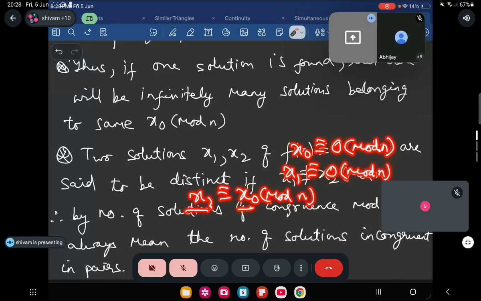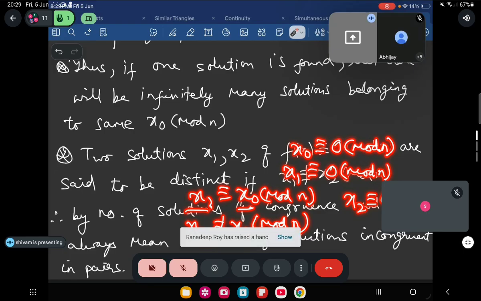But if we find x2 congruent to 0 mod n such that x2 is not congruent to x1 mod n, and x2 and x1 don't belong to the same modulo class, then we say that x1 and x2 are different solutions. Means there will be two solutions of the congruence. Are you getting what is the meaning of different solutions?